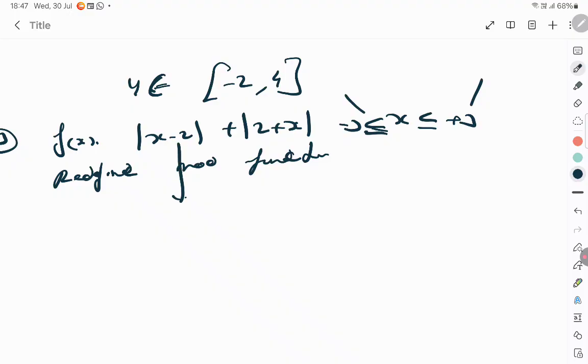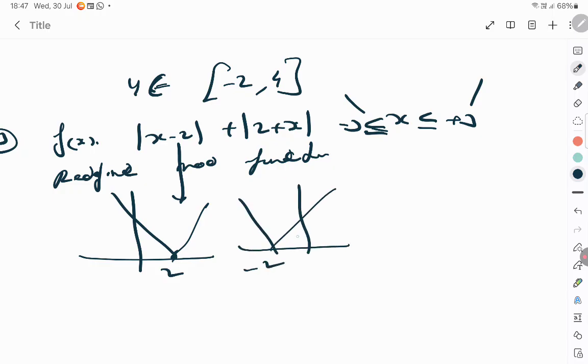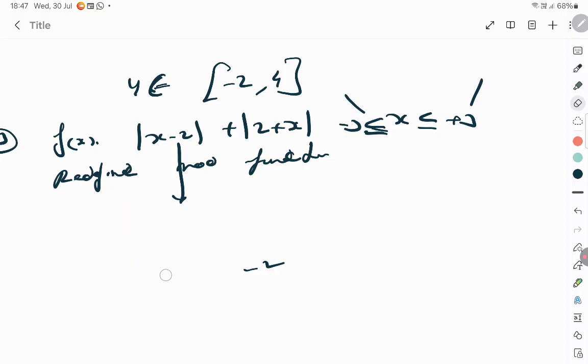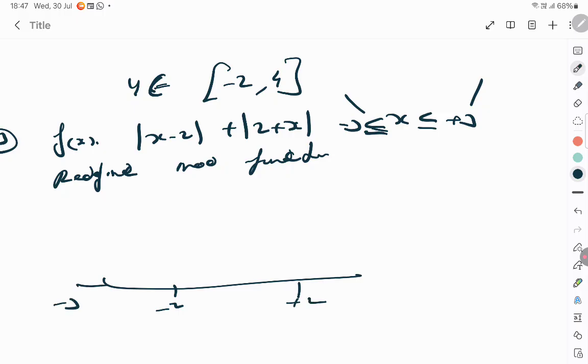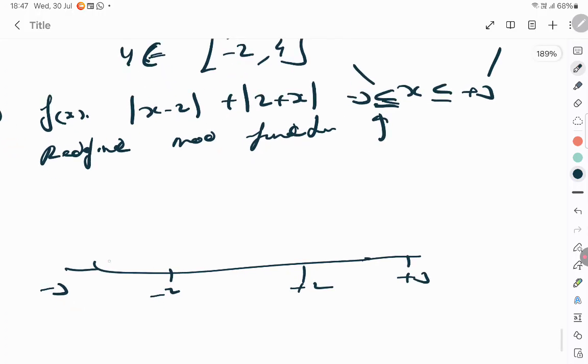What is the cutting point here? When you draw this graph, the sharp edge will be at 2. For the other, the sharp edge will be at minus 2. So you can do the graph with minus 2 and plus 2, and there's also a minus 3 and a plus 3 given in the question. They're asking you to redefine this function in this interval.